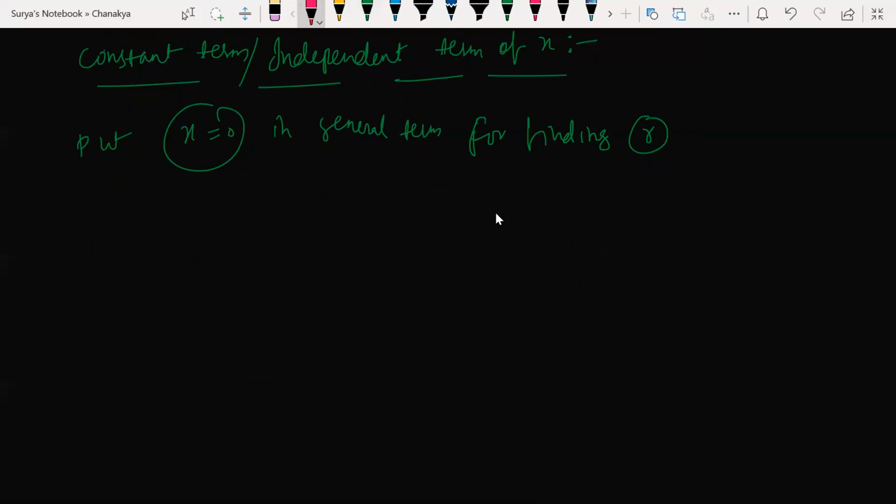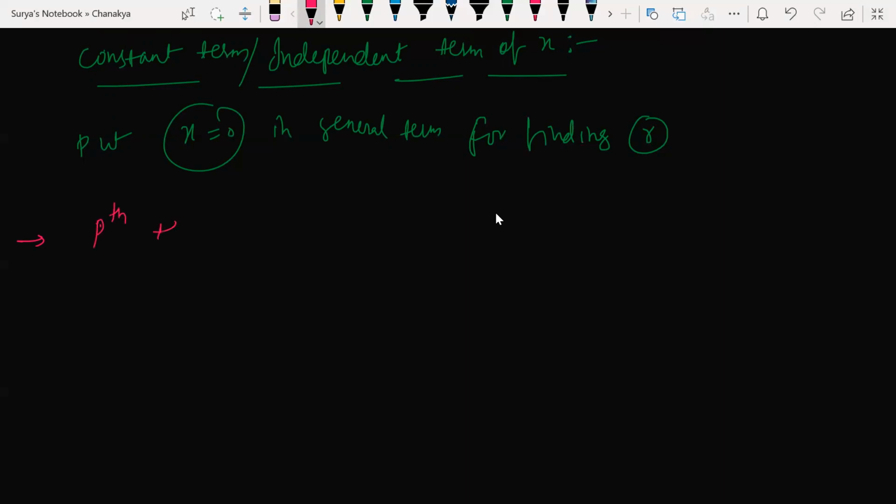Next, guys, look at it here. If I say any term, rth term or pth term, or nth term.